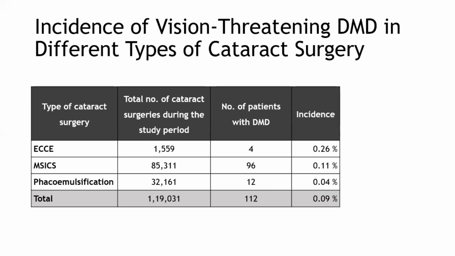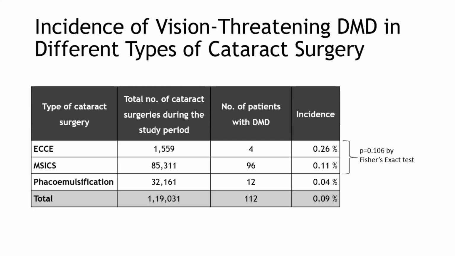So one thing is we have to do some statistical analysis and find out if this difference is significant or not. So that's why we get the p-value here. Okay. So now we got the p-value as 0.106 when we compared ECCE and small incision cataract surgery. Now, what does that mean?